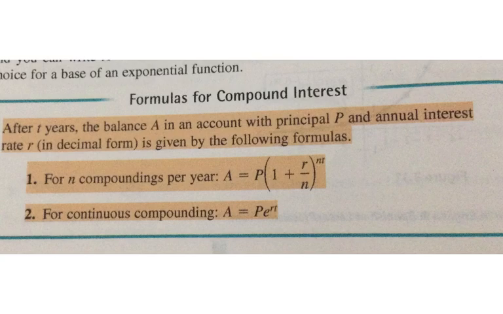The next year I would make 10%, but I'm still just making 10% on the original amount that I invested. So now I've earned another $100. Year 3, I've earned another $100. Year 4 is another $100, and so on. That's at 10%. This is called simple interest.